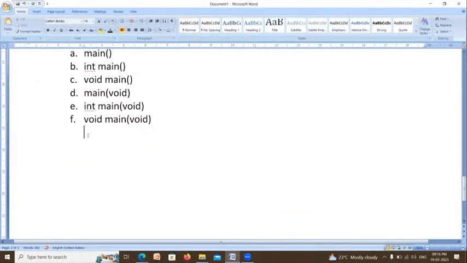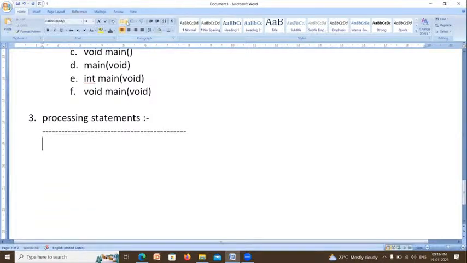Now the 3rd part, that is called processing statements. Processing statements means actually it is a solution to the program. It explains about 3 things. One is what to do in order to solve a problem, what you have to do.